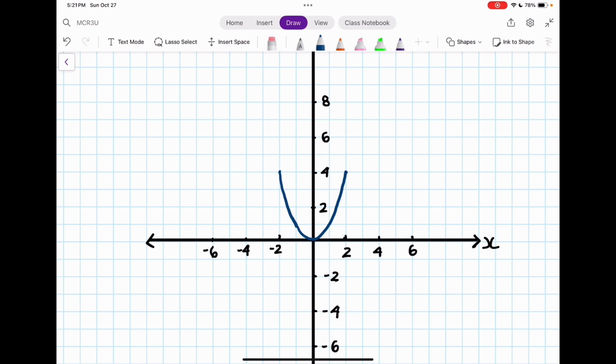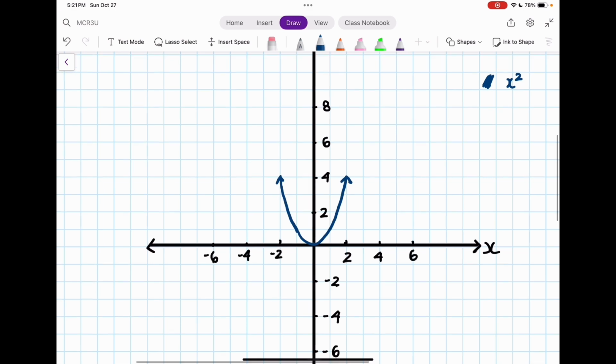And so that is our x squared graph. Now, instead of labeling on the actual graph itself, I'm just going to have just a key on the side, and I'm going to go by color.